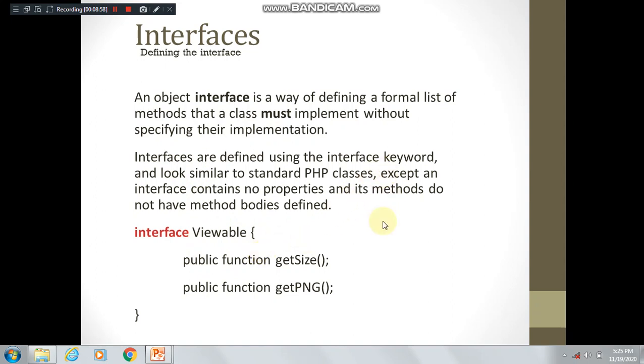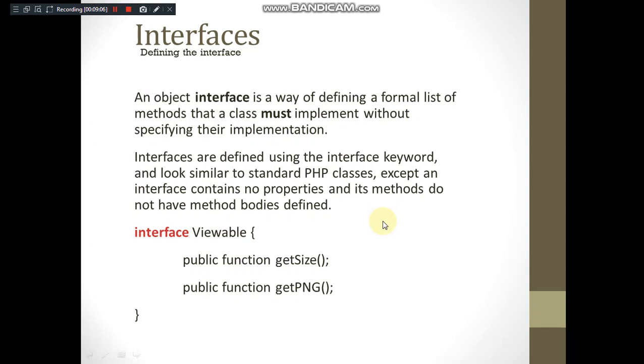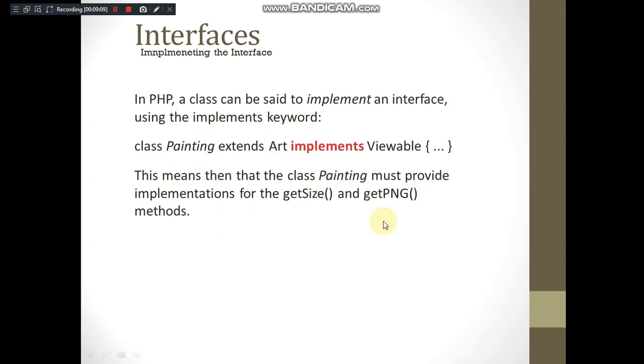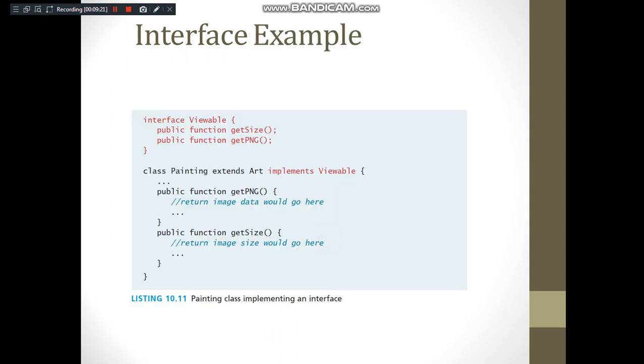It looks similar to standard PHP classes, except an interface does not contain properties, but only contains the methods to be defined later. So this must have an extended class wherein we are able to see the implementation of these functions. So this is the example.